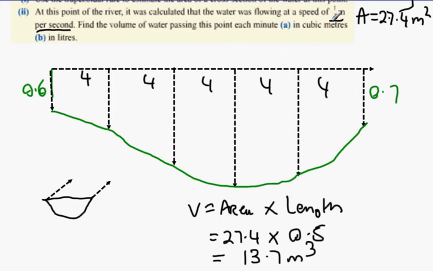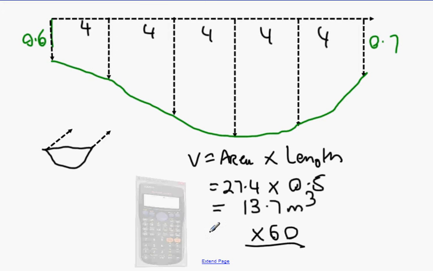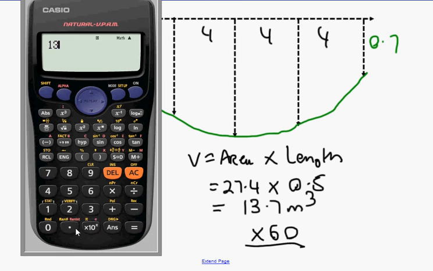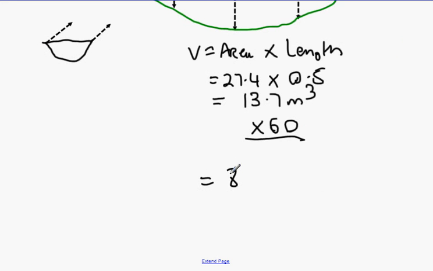I want it per minute, so we multiply by 60. 13.7 times 60 is 822. So there's 822 meters cubed per minute.